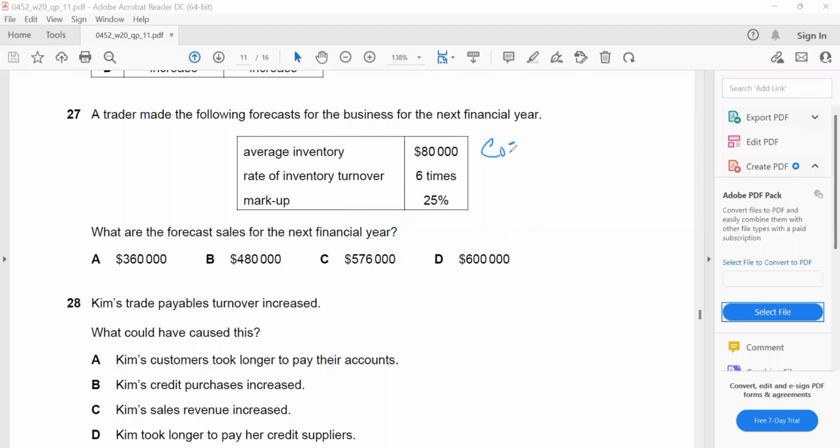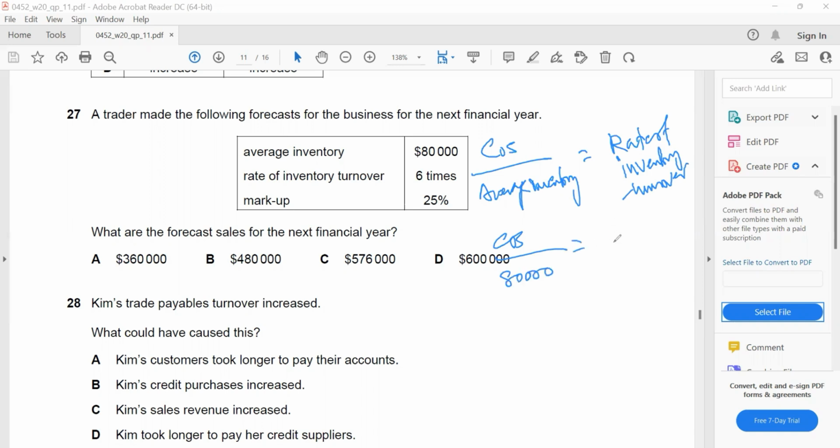Cost of sales divided by average inventory gives the rate of inventory turnover. We don't have cost of sales, but we have the average inventory of 80,000 and rate of inventory turnover of 6. So cost of sales will be 6 times 80,000.